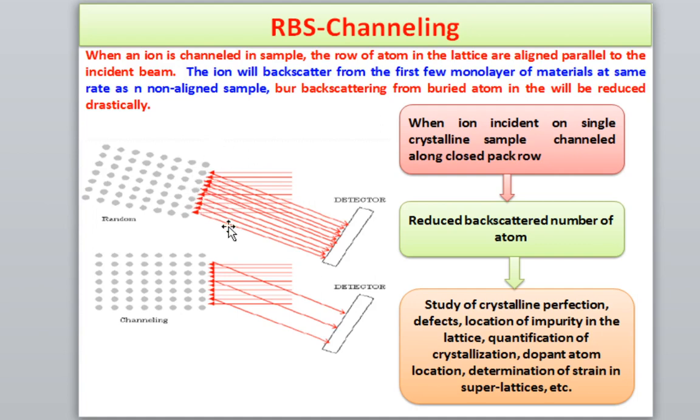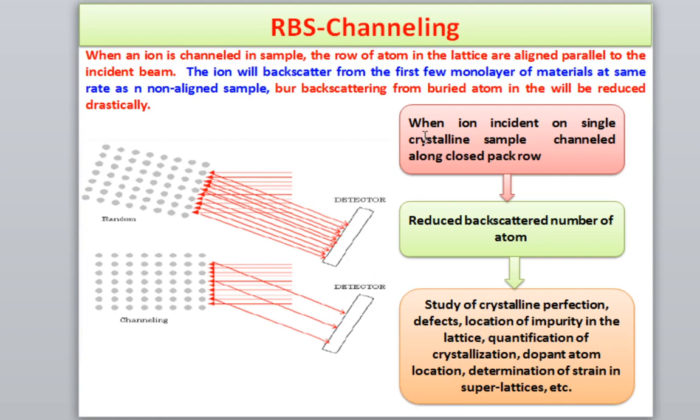So apart from X-ray diffraction, there is another characterization technique which can tell the crystallization of your sample. Here we cannot do the indexing of the lattice planes, but in XRD we obviously do. In RBS channeling it will only tell whether your sample is crystalline or not. It will tell how much crystallization or how much amorphization is present in your sample.